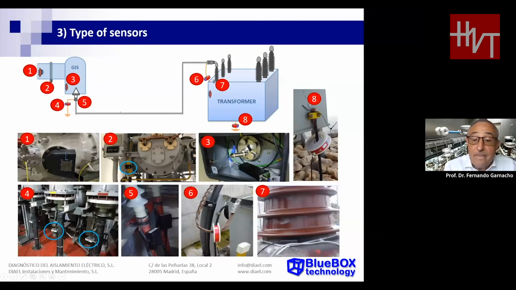Well, you have here different pictures to know the best location of the sensor, depending on what you are interested in measuring, but in any case, you can measure complementarily with different sensors.